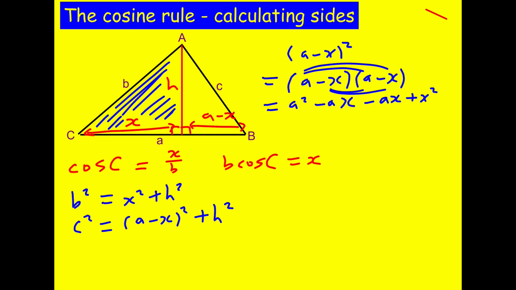That's how we can expand our double bracket, and that's going to give me a squared plus x squared minus 2ax. So a squared plus x squared minus 2ax plus h squared.